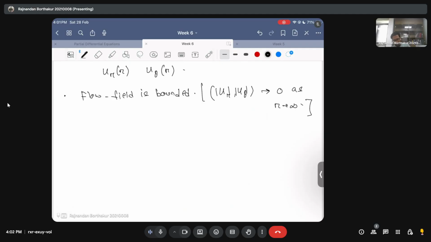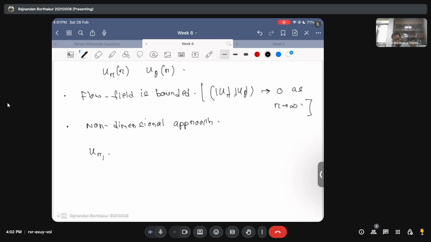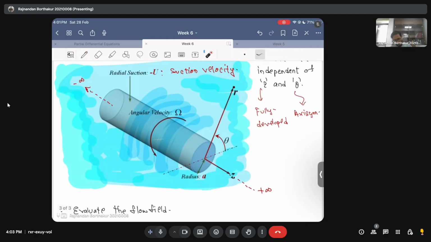We'll follow a non-dimensional approach, and it is said that your characteristic radial velocity, which we'll call URC, is equal to the magnitude of the suction velocity U. And your characteristic velocity in the theta direction is given as omega times A, which is the flow field generated by the rotating cylinder at r equal to A. So you see that in this problem we actually have two different velocity scales. This is plausible because there are two essentially different physics that drive the flow.